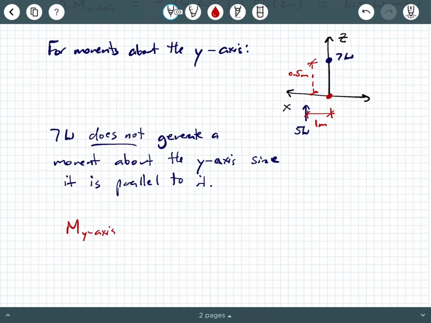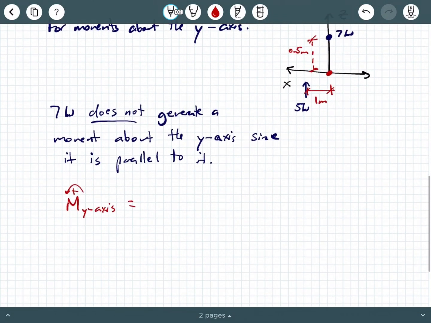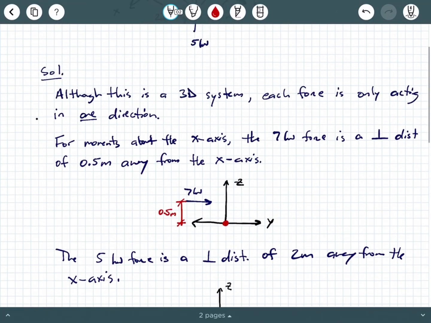So for the moment about the y-axis, taking counterclockwise positive, what we're going to end up having is negative 5 kilonewtons times 1 meter, and we see that generated right here. That can go around the y-axis for sure, but the 7 kilonewtons cannot generate a rotation about the y-axis. So here this is 5 kilonewton meters, and that's going clockwise, okay?